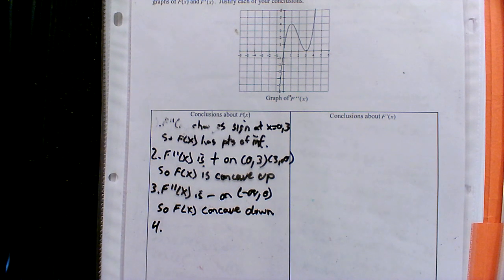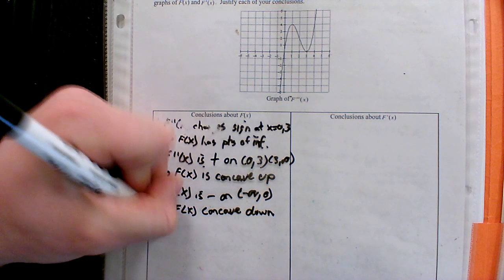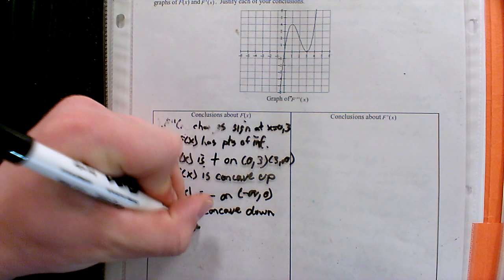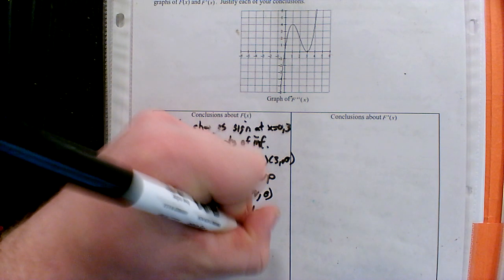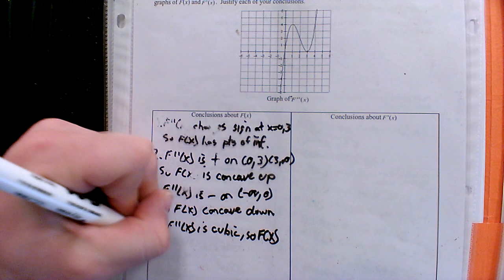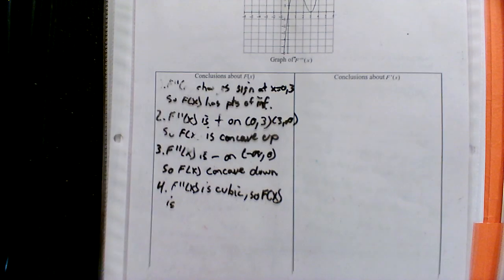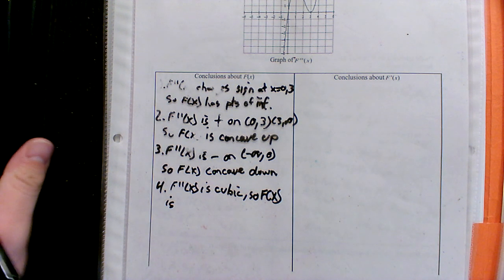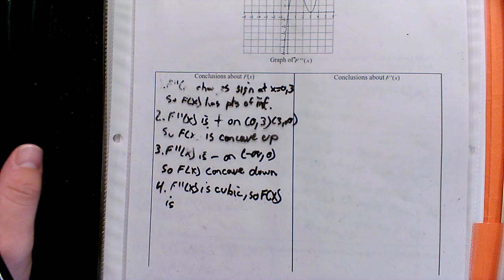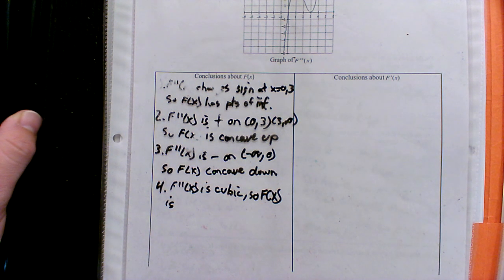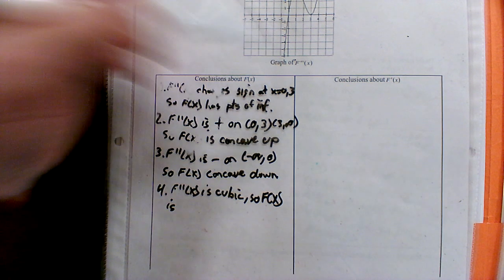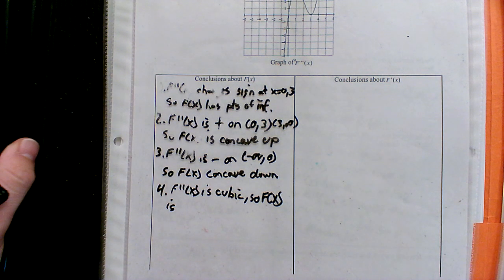One last statement for this side. So the second derivative is cubic. So f of x is what? Again, redundant again, but we're given this graph so we can tell about the original. We know the second derivative is cubic, so the original one is what? Stevie? We're not going derivative, we're going back now. This is the second derivative. What do we know about the original?